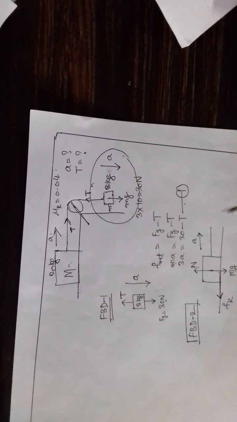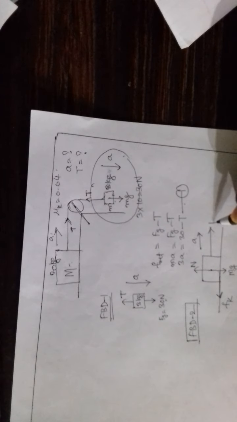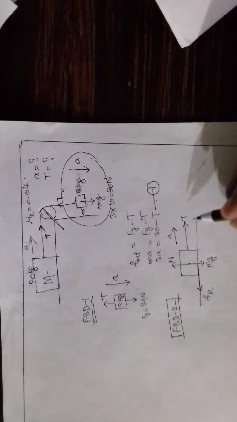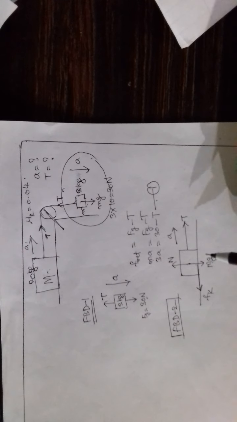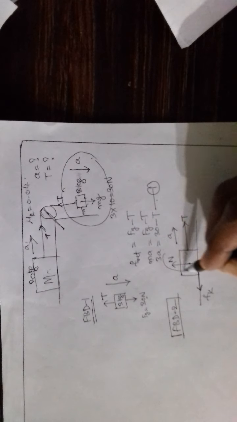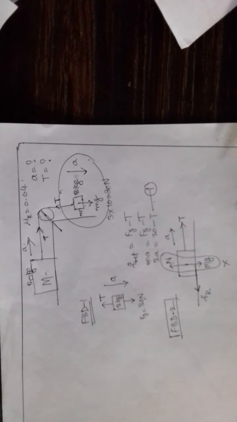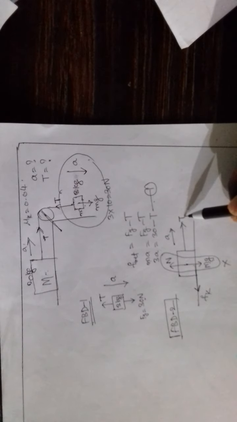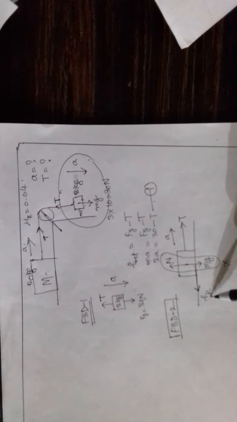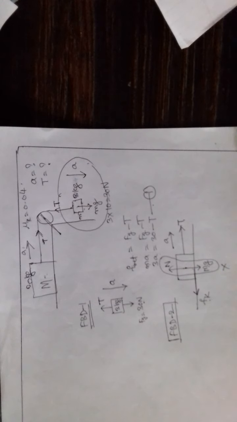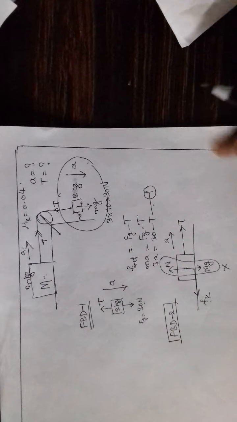Therefore T will be in this direction. Under the action of all these forces, these two are equal in magnitude and opposite in direction, so this becomes 0. Only T to the right-hand side and Fk to the left-hand side are there, and the body is moving to the right-hand side.